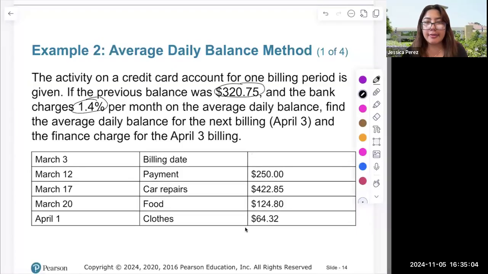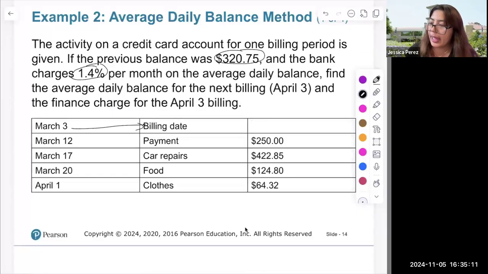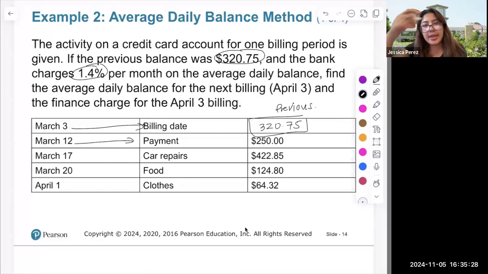We know that March 3rd was the billing date, and that the previous balance was $320.75. On March 12th, there was a payment of $250. Then you spent $422.85 on a car repair. In March, you spent $124.80 on food.